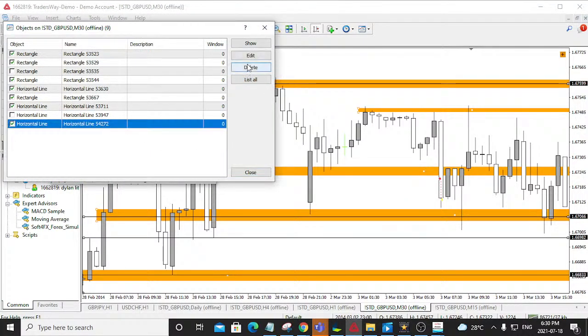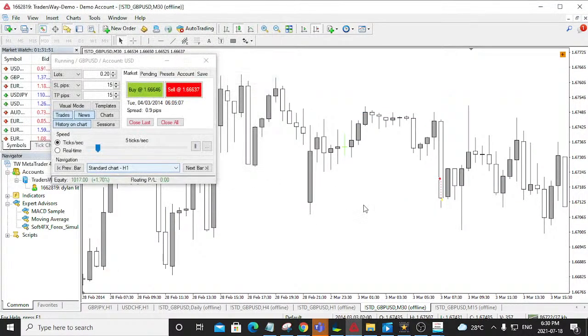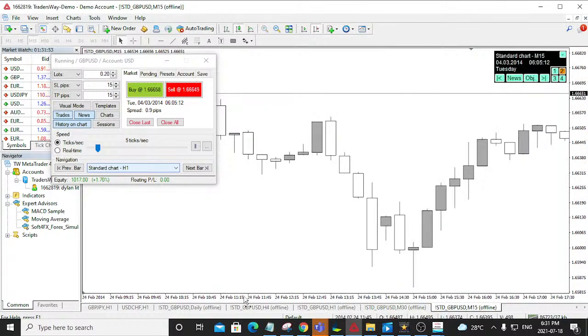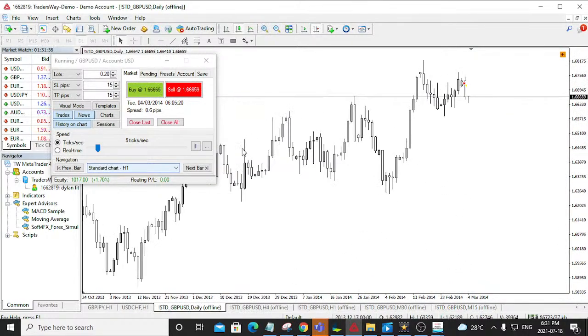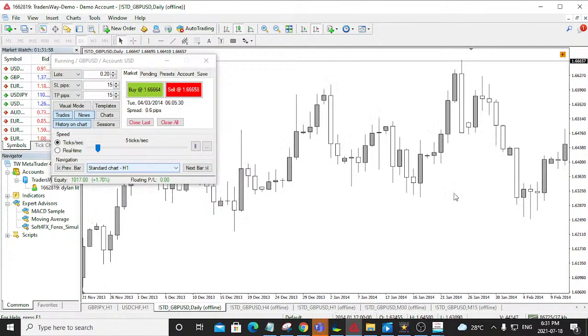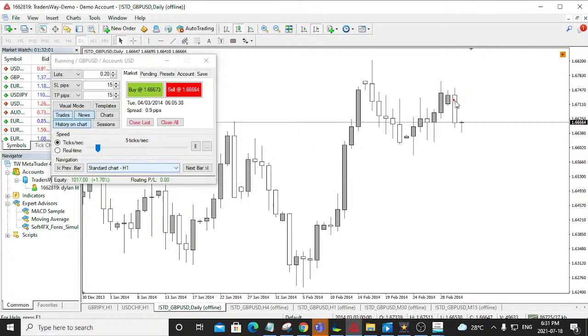Object list. Got a lot to delete here. Okay. So we're gonna start here at the higher time frame. So when we do so, we're just gonna zoom in. And it's the same scenario because we're working on the same week. It just fell here.